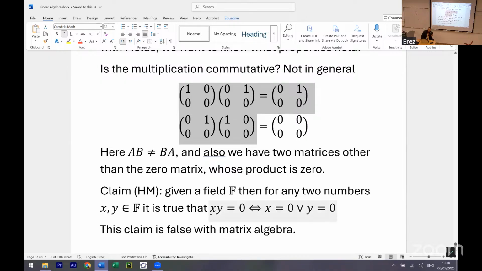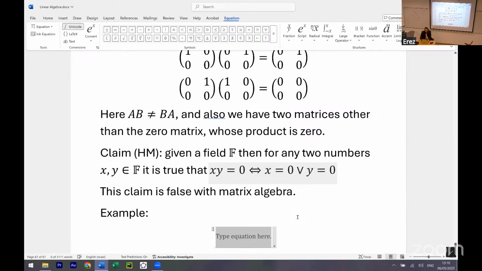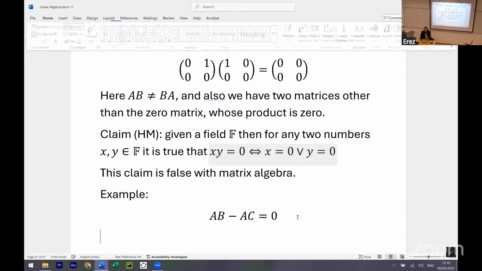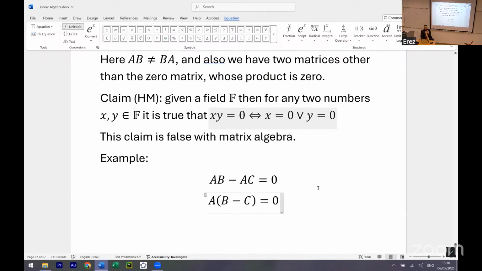So this is redundant. But the reason I stated it specifically is that sometimes students get, for some reason, that AB minus AC equals 0. Assume that. Then first of all, you factor it. What law did I use going from here to here?